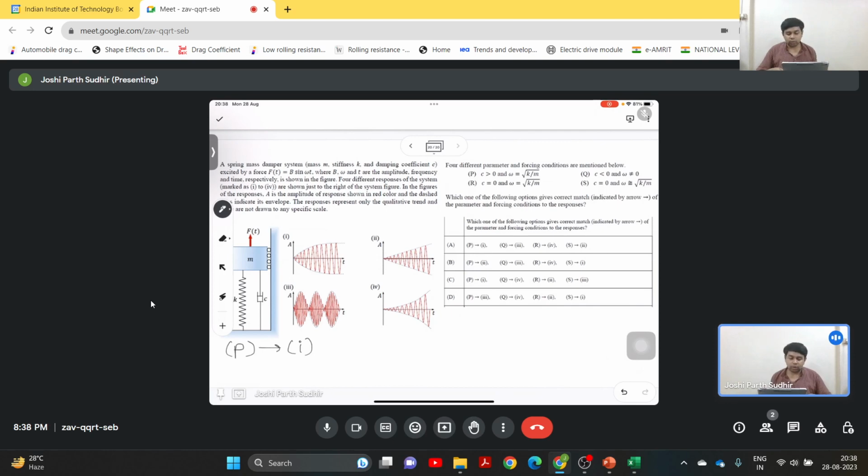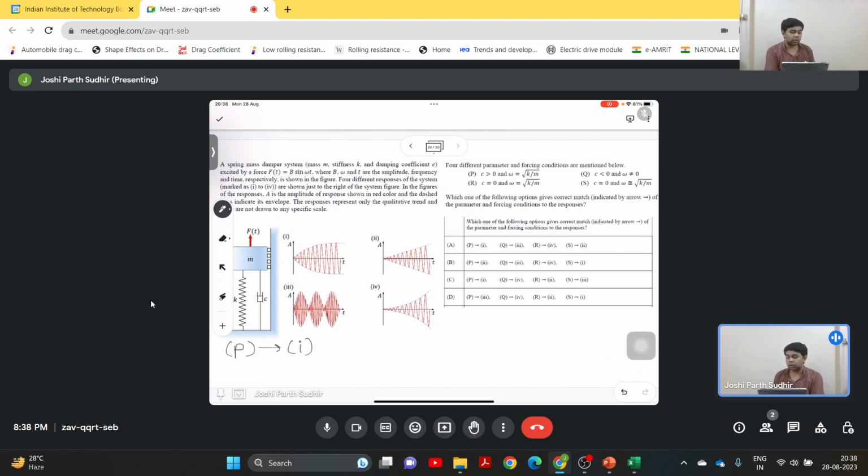Now the second case is where C is less than 0 and omega is non-zero. Here we have negative damping, so the forcing F of T is adding energy. When the damping coefficient is positive, it dissipates some energy, but when the damping coefficient is negative, it keeps adding energy into the system.